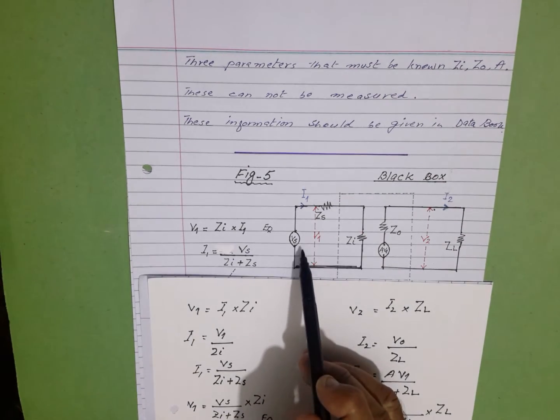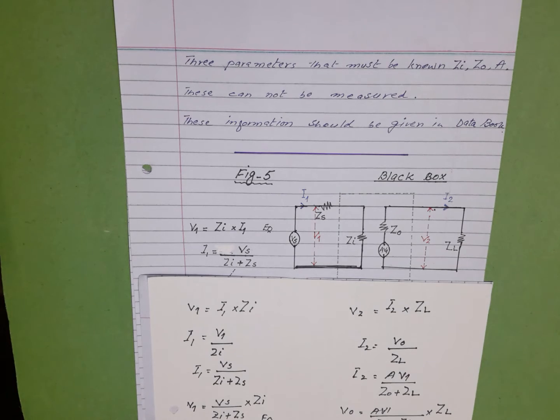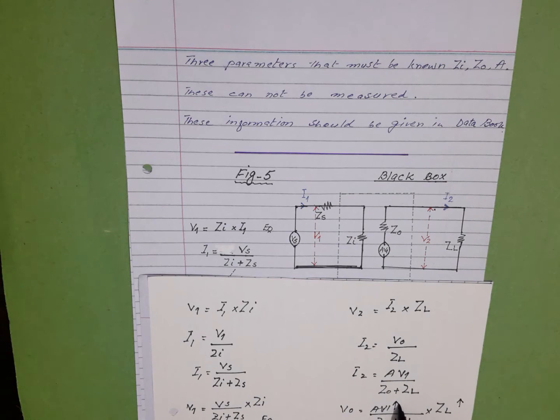Or increase Vs. We can write here V0. If we want V0 to be maximum, ZL should be high. Why? Because V0 is proportional to ZL. Or use a high value of V1, use a high value of gain. Why? Because these three are proportional to V0.